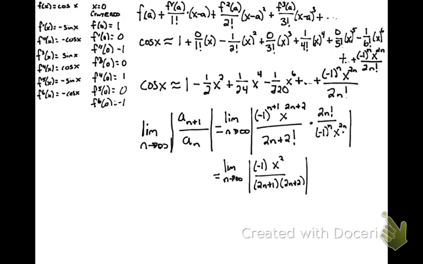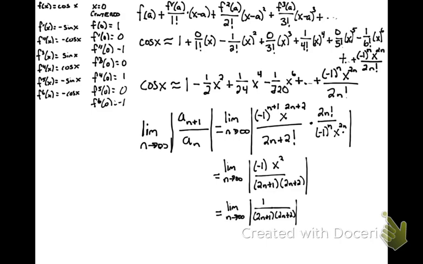If we break this up a little bit more, to make it easier to see, the limit as n goes to infinity, looking at each individual piece: the absolute value of negative 1 is just going to be 1. That part becomes insignificant. And we want to look at 1 over 2n plus 1 times 2n plus 2 times the absolute value of x squared, which will always be positive for all values of x.